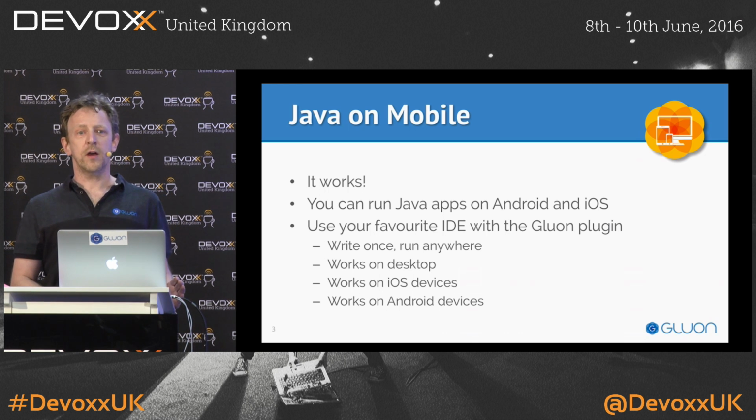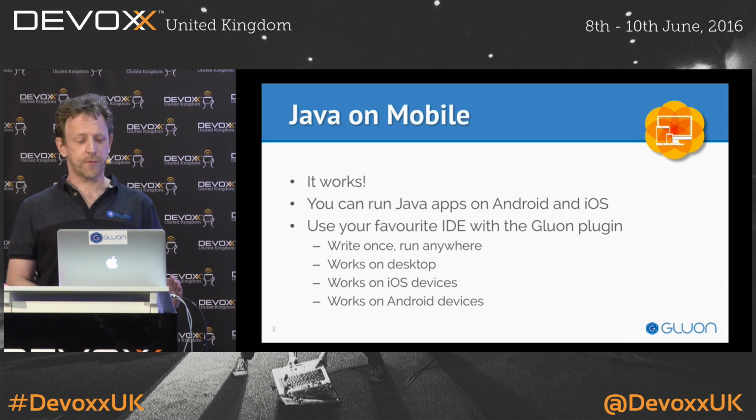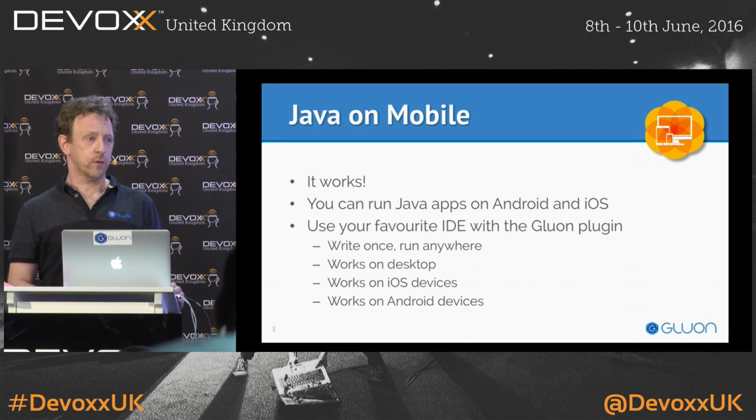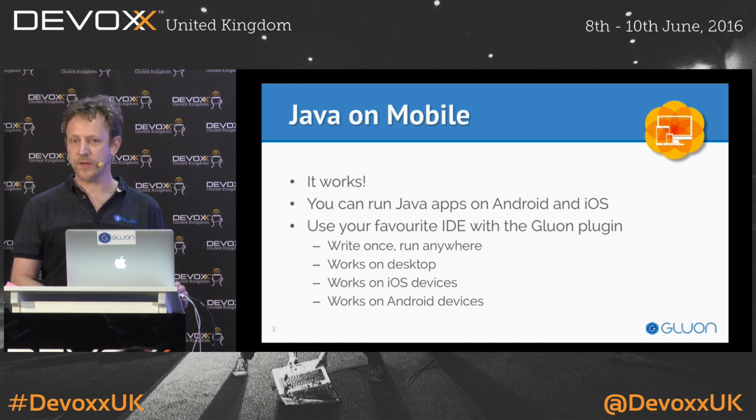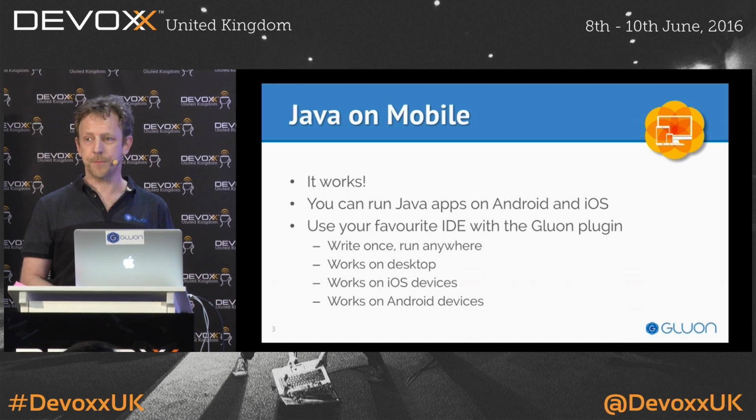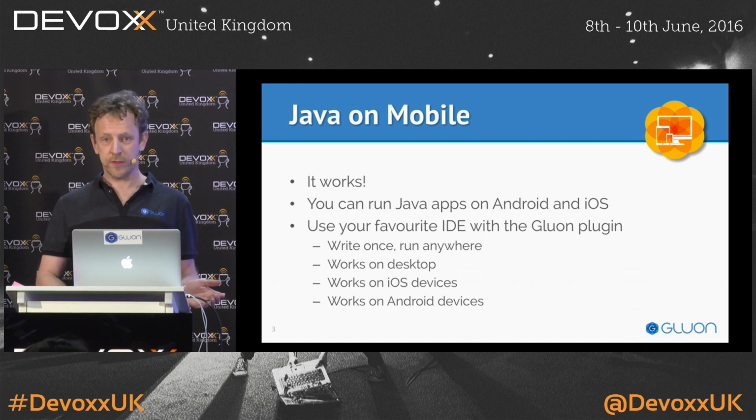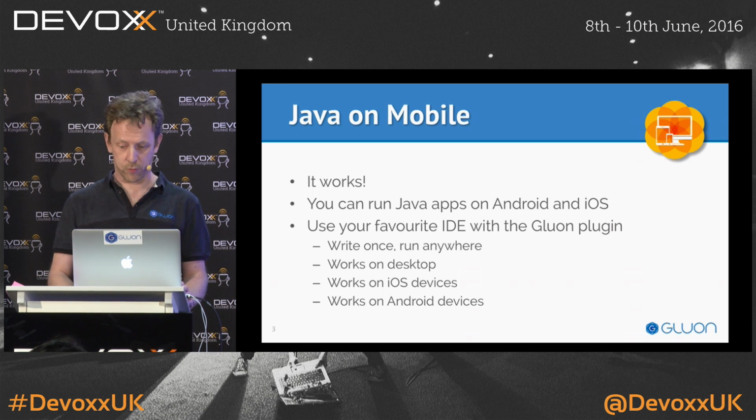So you can now create a Java application with your favorite IDE and test it on desktop, and then run it on Android or iOS devices and upload it to the AppStore or the PlayStore. It's already been done, so the whole cycle works and is proven.